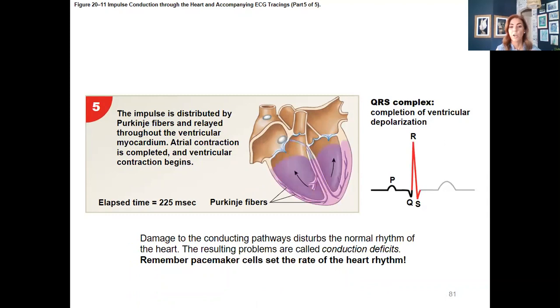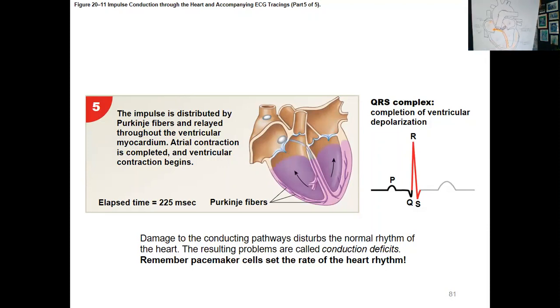All right, so once the depolarization goes through the interventricular septum, remember it's going to wrap back up in a superior direction. The reason why it's going to go back in the superior direction is because it has to go towards that pulmonary semilunar valve and that aortic semilunar valve.